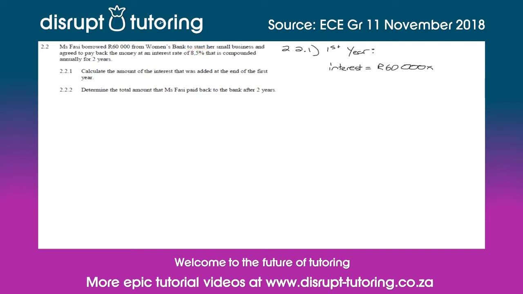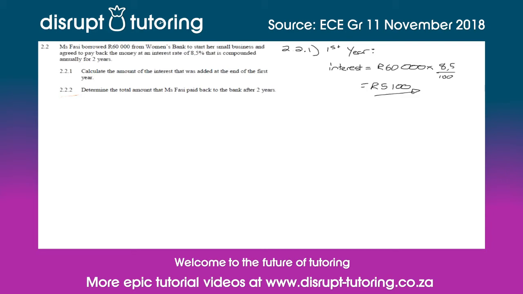So you can just write 8.5% on your calculators, or 8.5 divided by 100. That's also another way of writing percent. So if you multiply by the percentage, you get that it comes to 5,100 Rand. And that's the final answer for the amount of interest added in the first year.